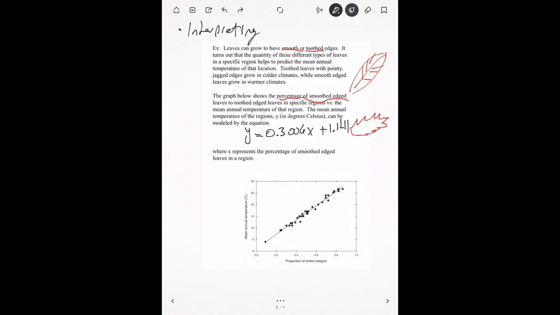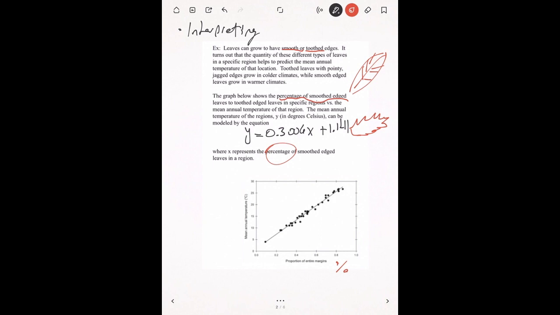Let's think about what this equation means. Here x represents the percentage of smoothed edge leaves. So maybe you go into an area and find that half of all the trees have smooth edged leaves, so 50% of the trees have smooth leaves.